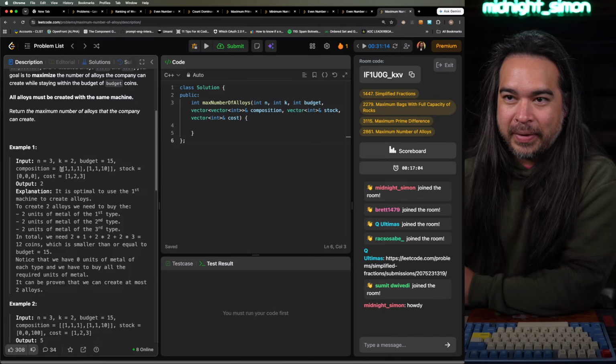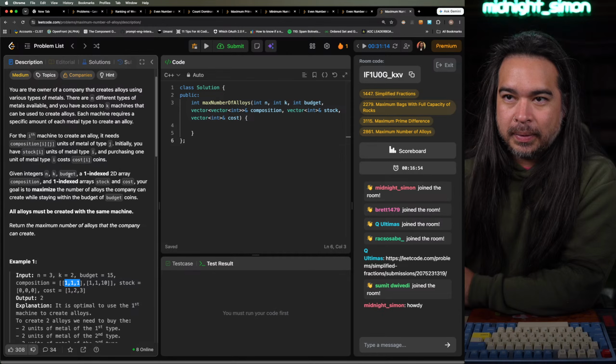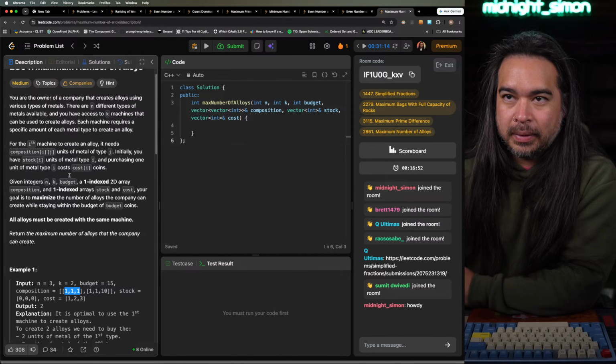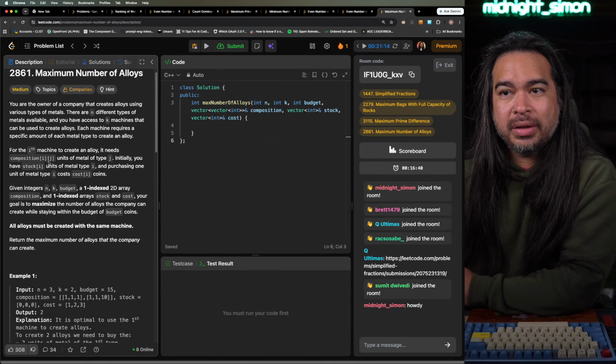Maximum number of alloys that the company can make. So the composition is what? Means this many units of the column.